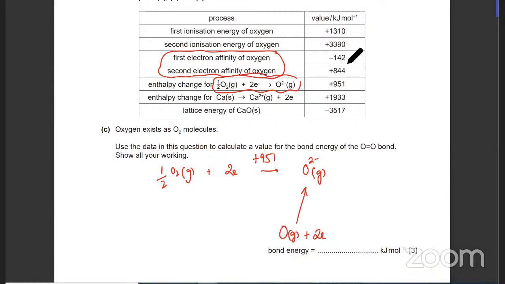If the oxygen atom gains 2 electrons, that's going to be minus 142 plus 844, right? Okay, so we are at this point now. Now the only step missing is this one. What am I doing over here? The 2 electrons are not doing anything. So it's basically oxygen gas molecule turning into an oxygen atom. What I'm doing is breaking the oxygen double bond oxygen, half of it.